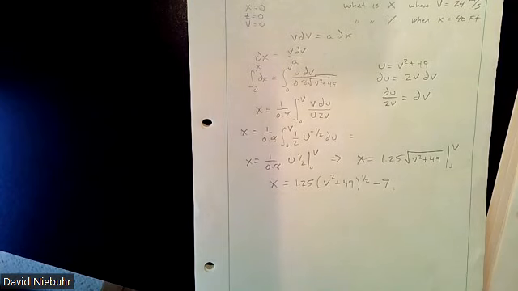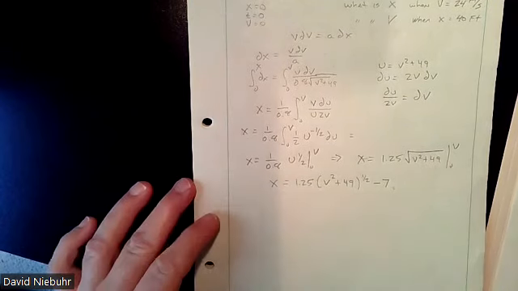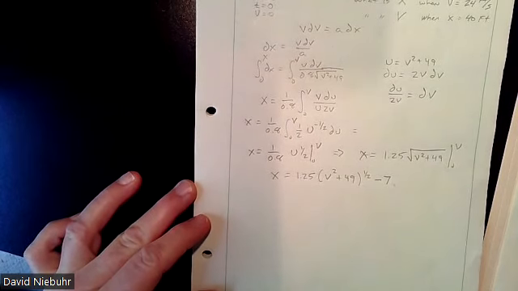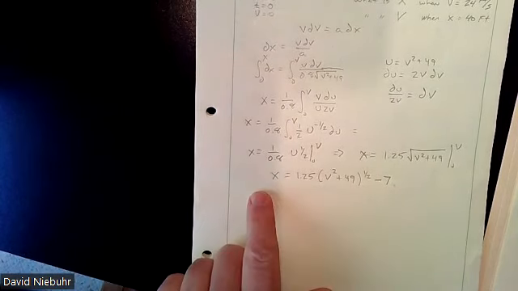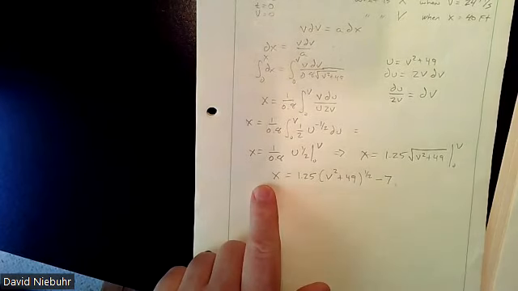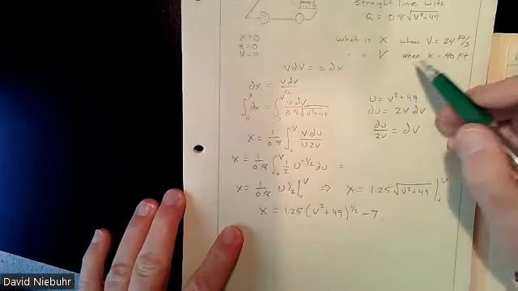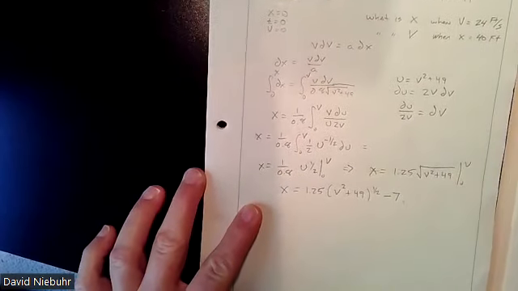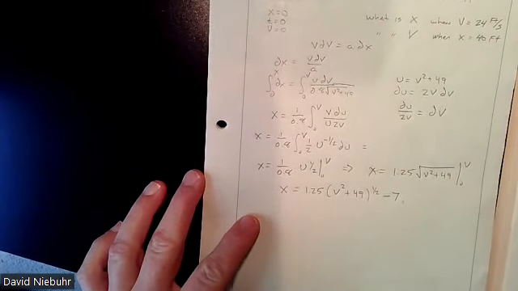We're given what x is when v is 24 feet per second, so we can plug in our respective values.